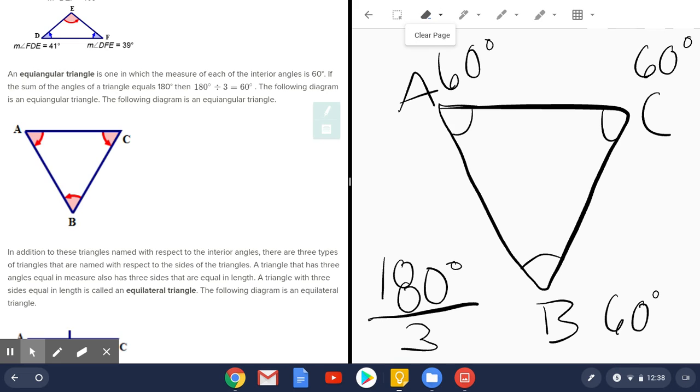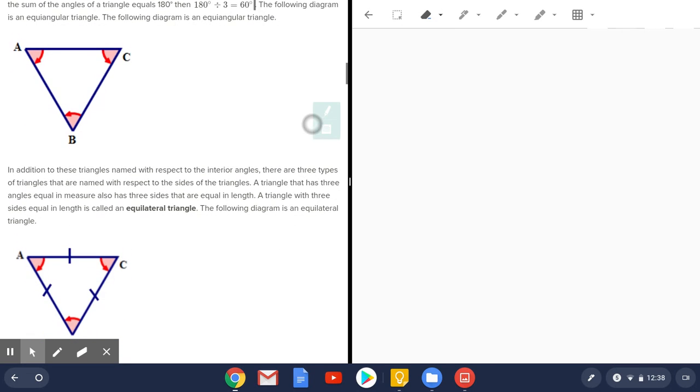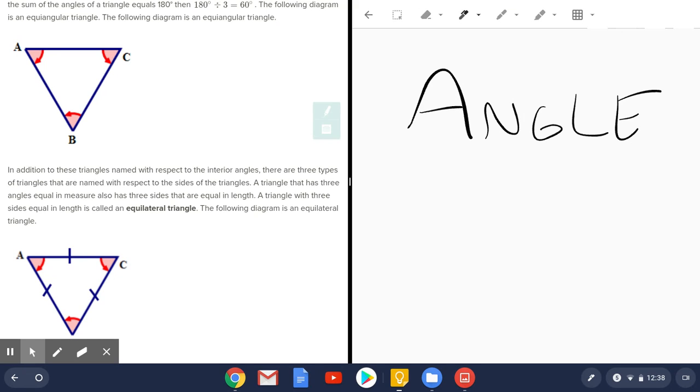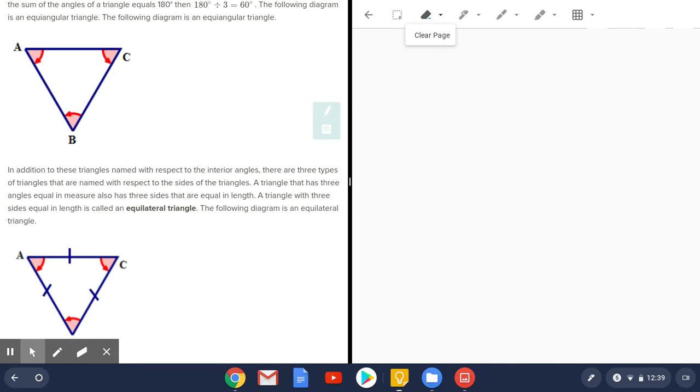So we just covered 4 different types of triangles, and we measured them by their angles, right? Now we're going to forget about our angles. We're going to be worried about the length of the sides, okay?